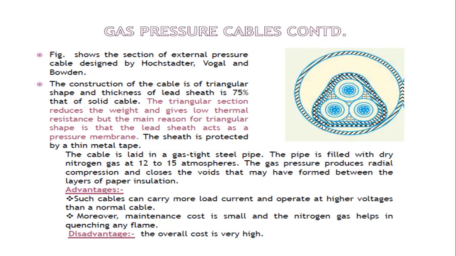This triangular shaped gas tube contains gas, and in that layer we have nitrogen gas. The cable is laid in the gas tight steel pipe, and the pipe is filled with dry nitrogen gas.